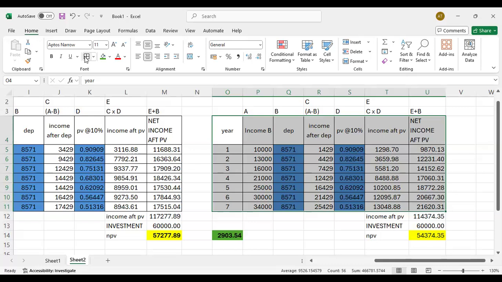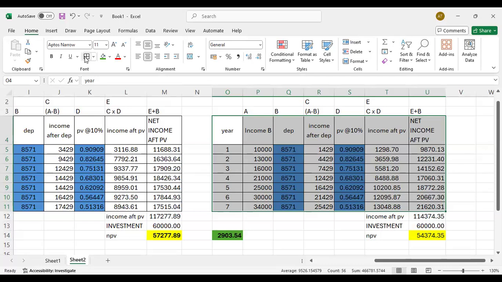Now, I'm not able to give the full-fledged numerical solution like payback period, IRR, profit index, and NPV together, because in Excel showing everything together will make you confused. So I solve all these numericals separately.